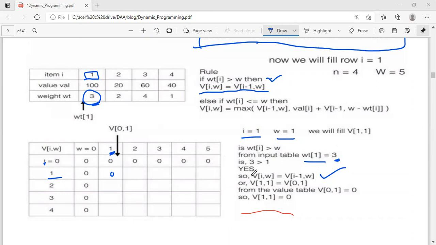Now the next one, here 3 greater than 1. Yes, the condition is true. So when the condition is true, what do we need to do?